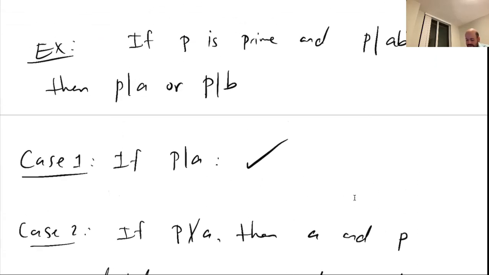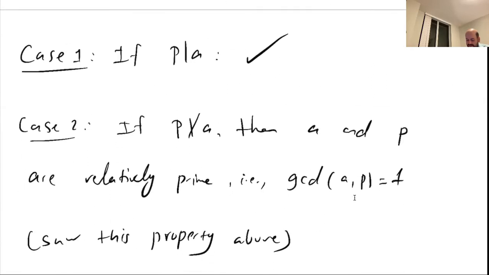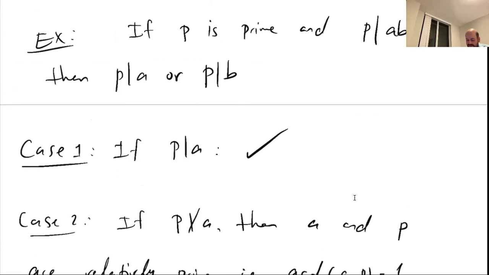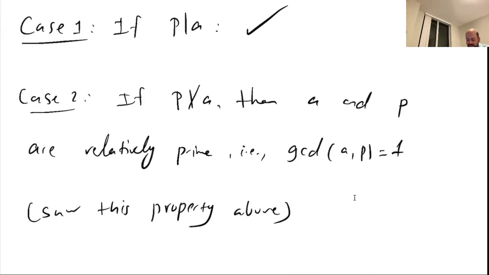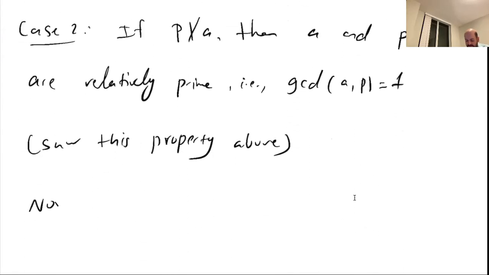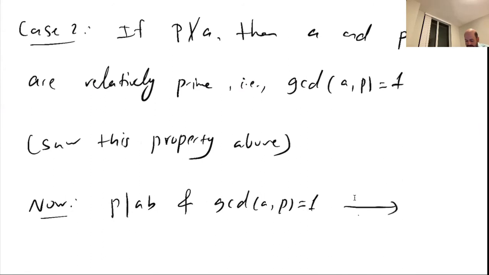Okay, so P and A are relatively prime and P divides AB. So that means P divides B by the lemma above. Now P divides AB and GCD of A and P is 1, so the lemma above says that P divides B, which is also what we needed.